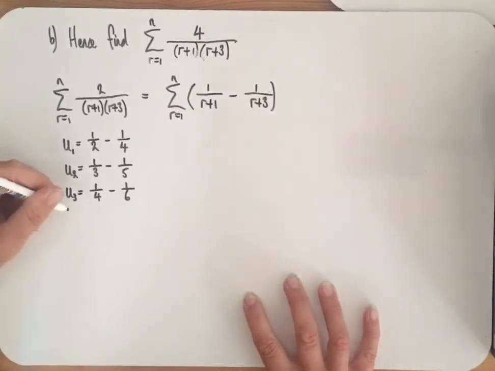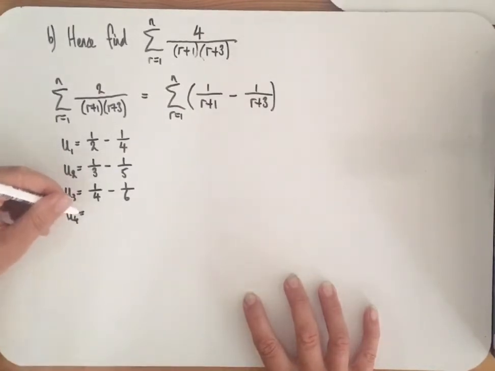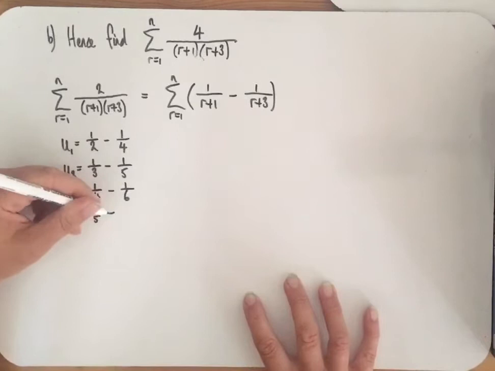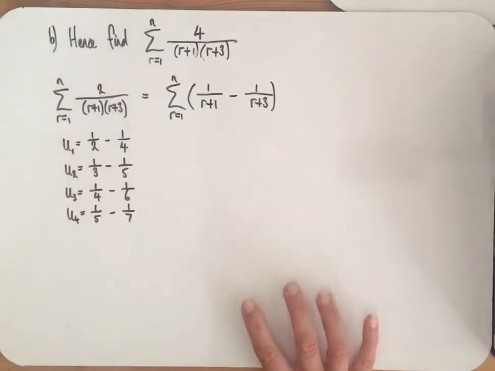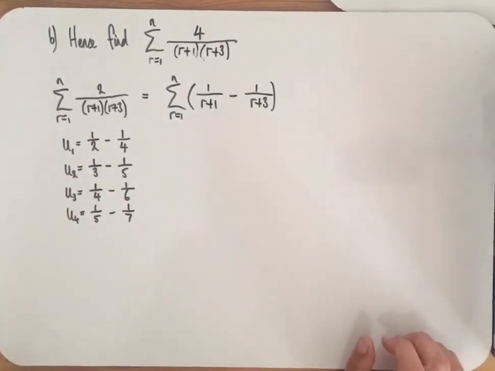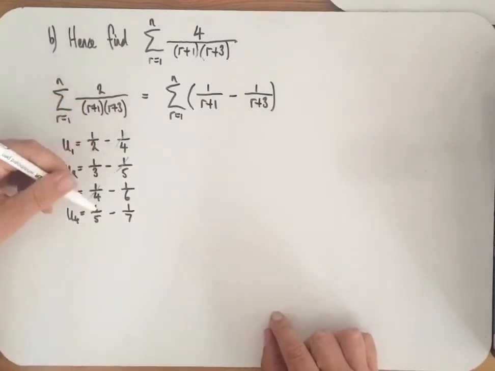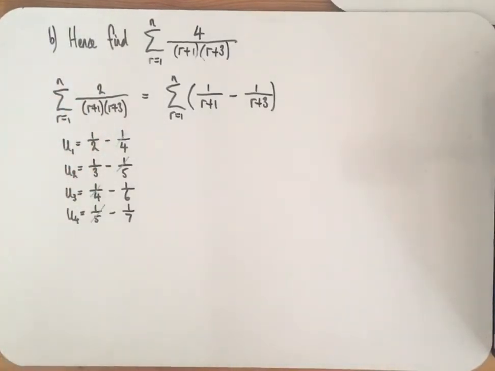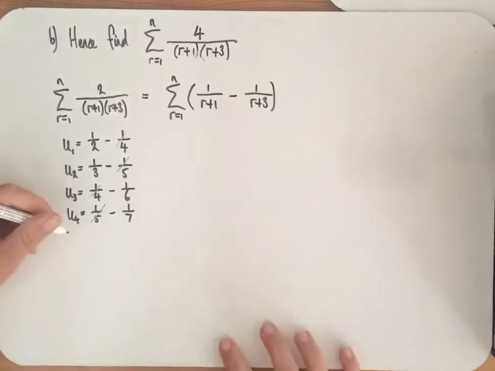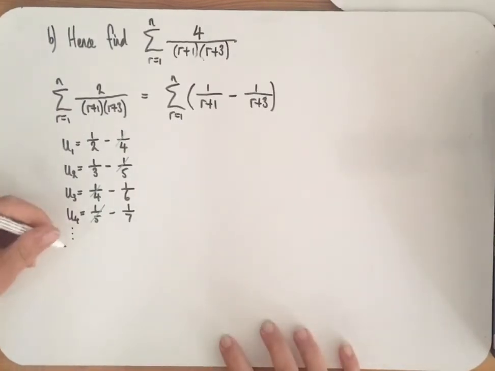I don't know if we need another term, let's pop another one on. That's a fifth minus a seventh. So you can see where this is going to cancel through. So I'm going to get minus a quarter plus a quarter minus a fifth plus a fifth. So I'm going to need 2 rows at the end.